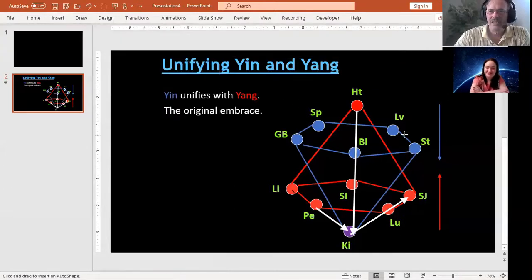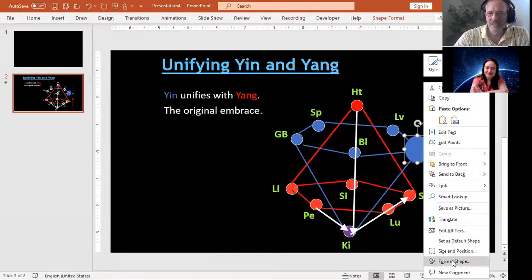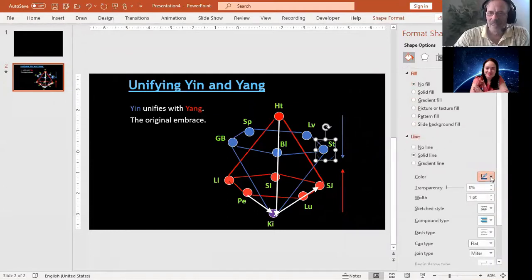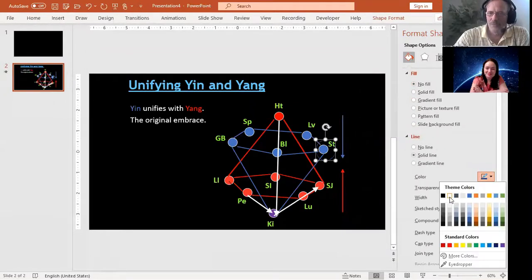See if you can see that. I'm putting a little circle around the stomach. Let's make it a different color.